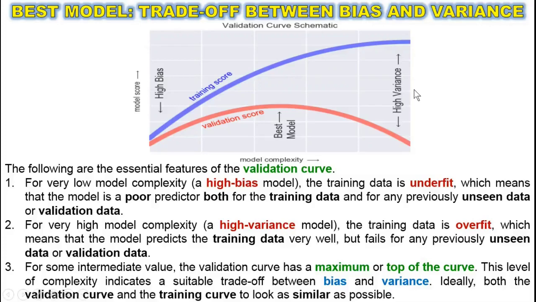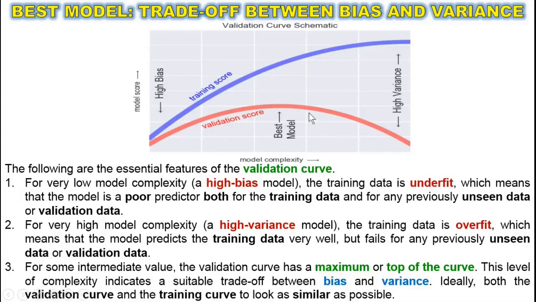Number three, for some intermediate value, the validation curve has a maximum or top of the curve. This level of complexity indicates a suitable trade-off between the bias and variance. Ideally, both the validation curve and the training curve must look as similar as possible.